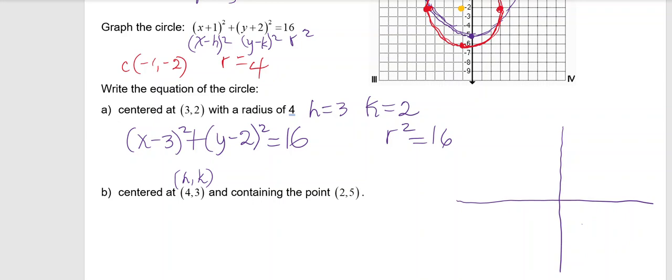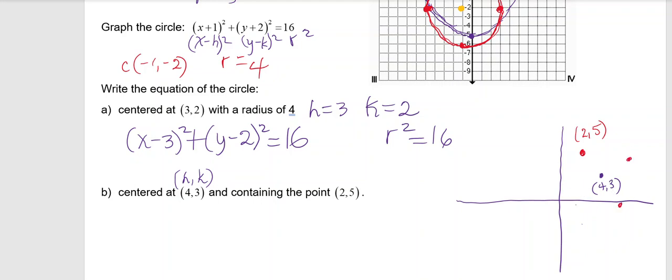So let's see what we got. We got our center at (4, 3). So that'll be about right there. Gonna label that. And we got a point on the circle at (2, 5). So I'm gonna say that's about right there. Okay, so let's kind of sketch that circle in there, see what it looks like.